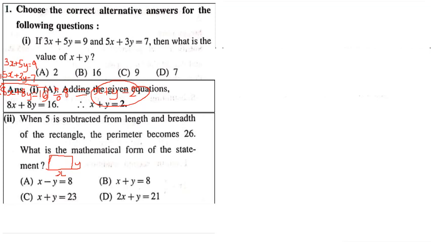So according to the condition, 5 is subtracted from length, that will be x minus 5, and breadth, it will be y minus 5. The perimeter becomes 26. So what is the perimeter actually of a rectangle? Perimeter means sum of all four sides, right? So it has 2 lengths and 2 breadths. So it will be 2x plus 2y.